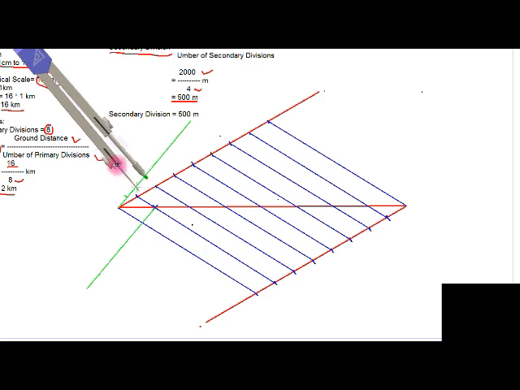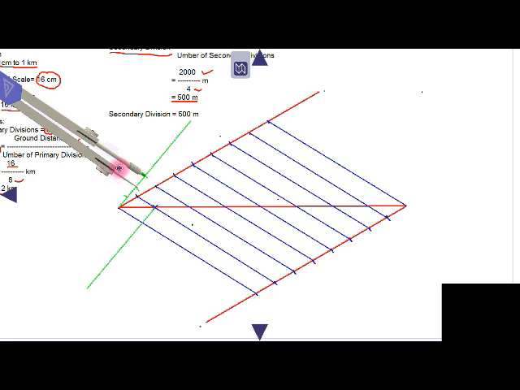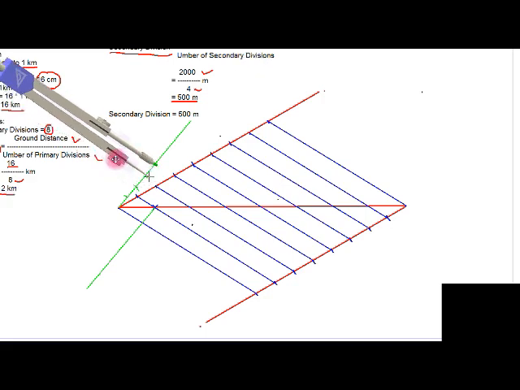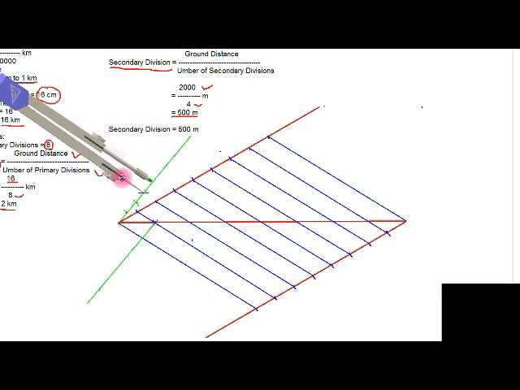After that, this is 3, and then here we have to take another one division.